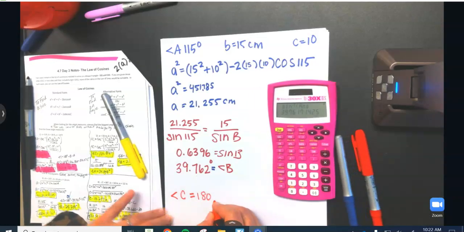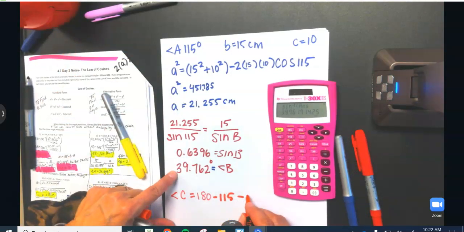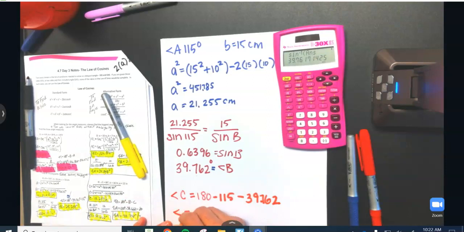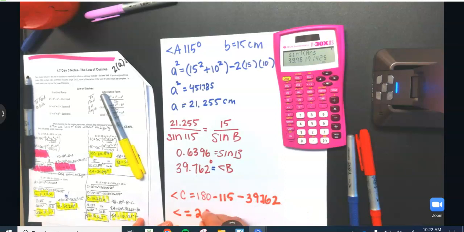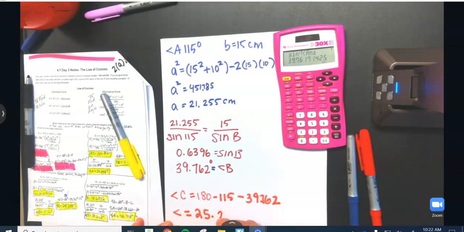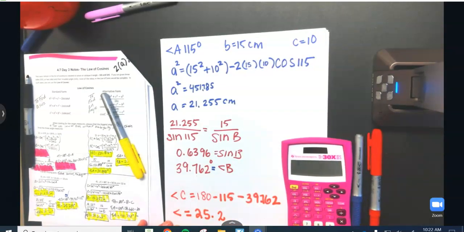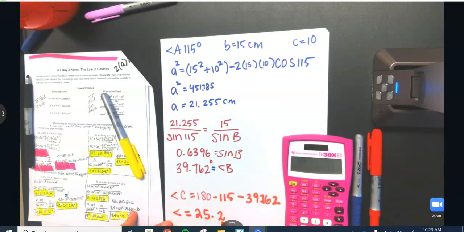Step 3: 180 minus 115, which was given, minus angle B of 39.762. So angle C is going to be 25.239. I think. I just want to double check. 180 minus 115 minus 39.762. 25.238 degrees.